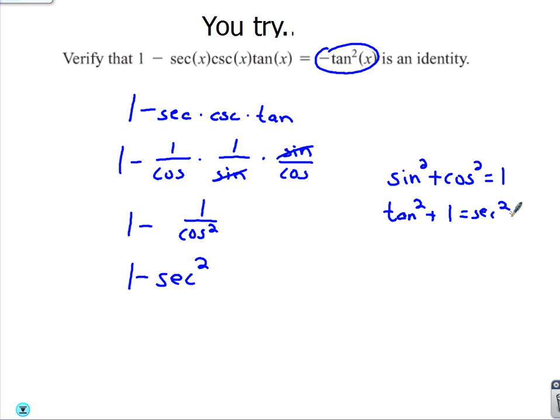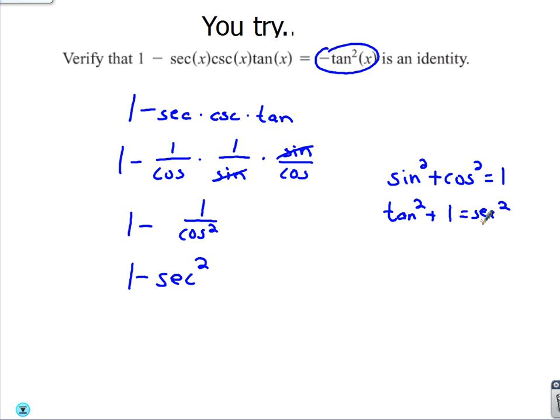So 1 minus secant squared. Now, what I'm about to show you, you're going to perform a lot. I've got this expression here that involves a 1 and a secant squared. So let's flip flop this stuff around. We need a positive 1, and we need a negative secant squared.